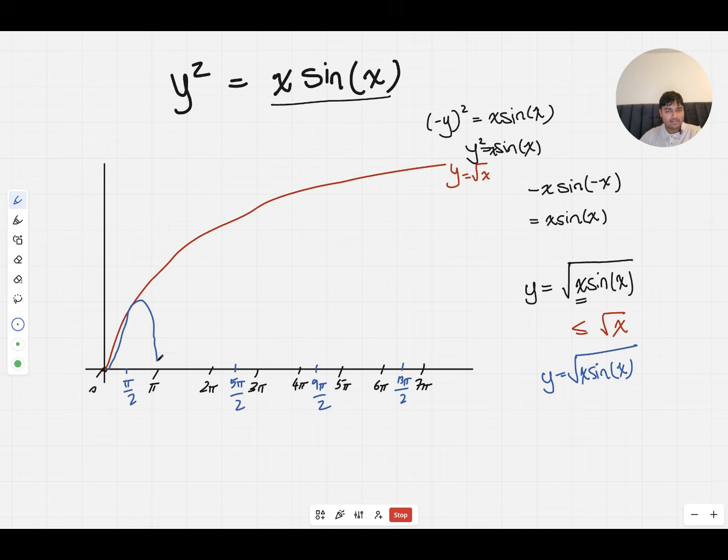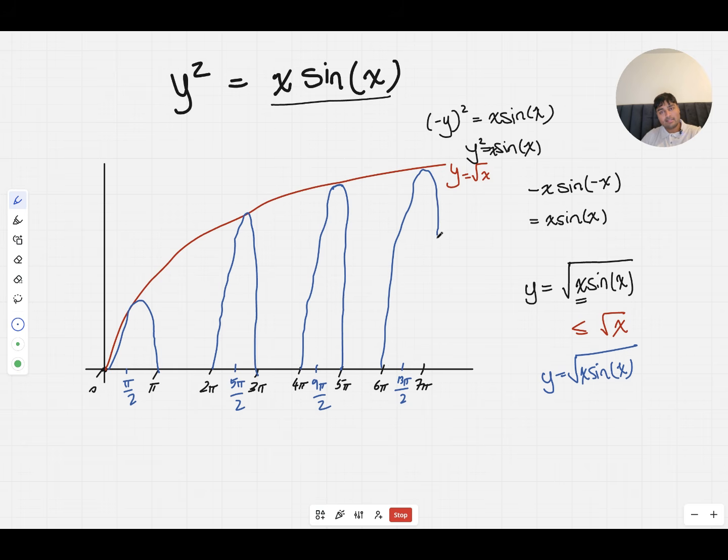It's going to look something like that between 0 and pi. And then, as I said earlier, there'll be nothing between pi and 2 pi. Between 2 pi and 3 pi, it's going to look something like this. Between 4 pi and 5 pi, again, something just like that, and so on, and 6, and like so.